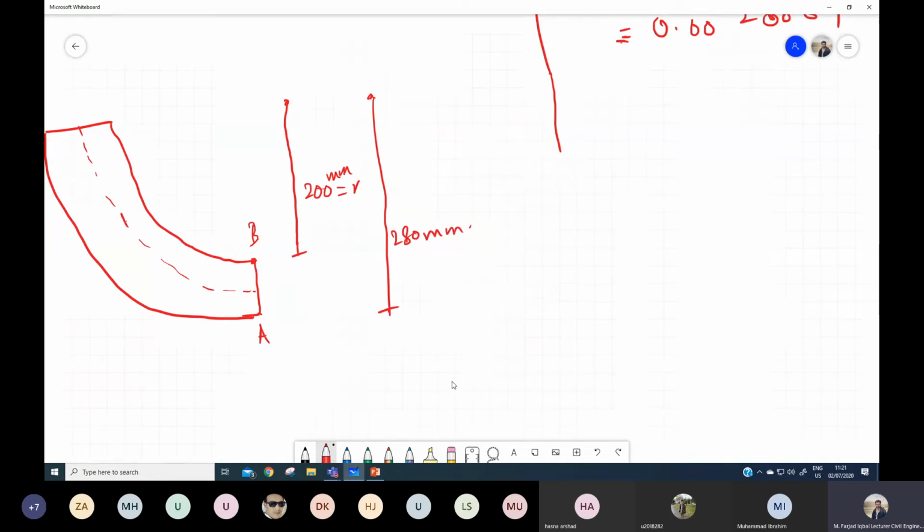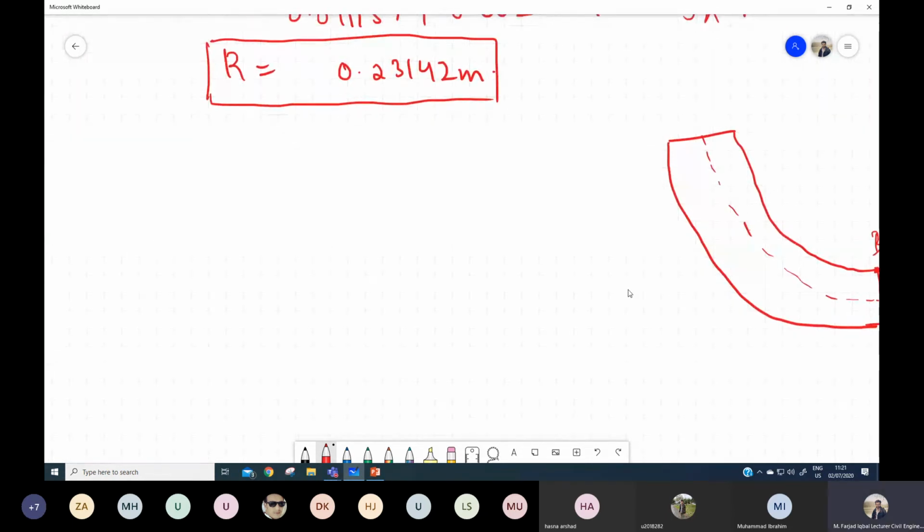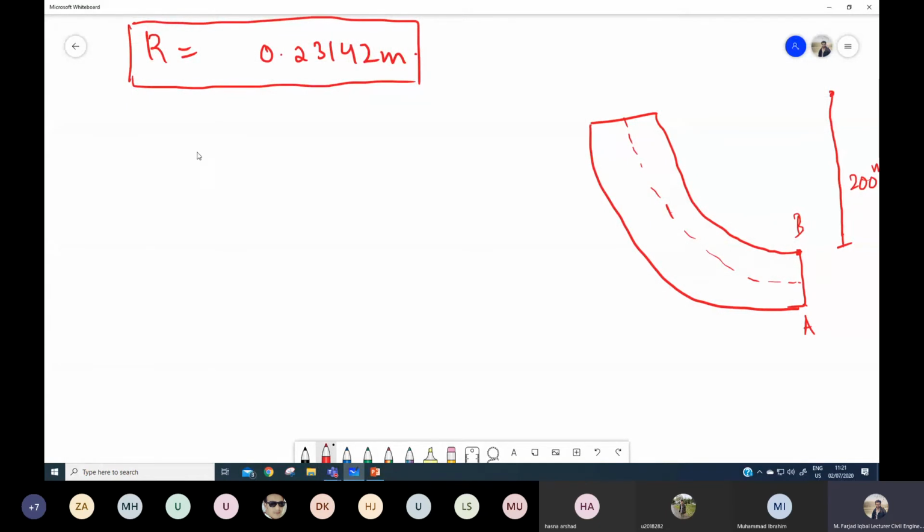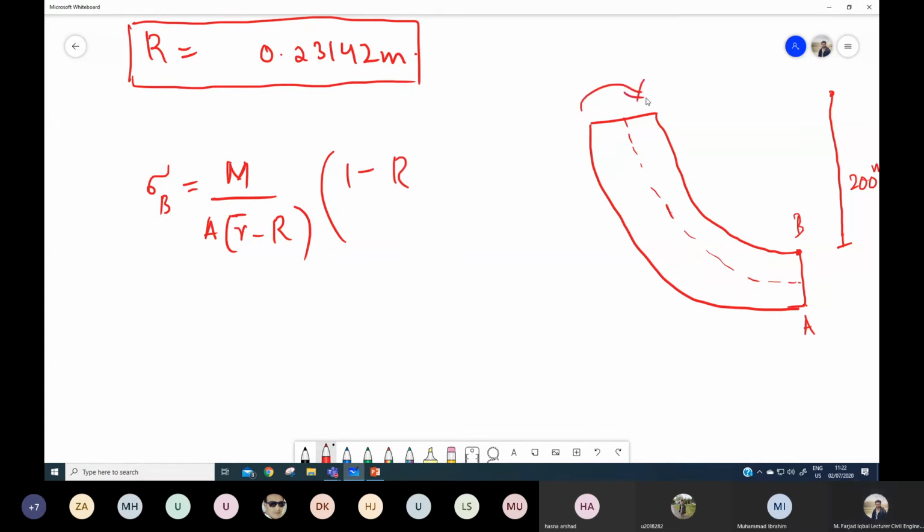So let us calculate the stresses. For point B, we have the equation as M (R bar minus capital R) into 1 minus R over r.